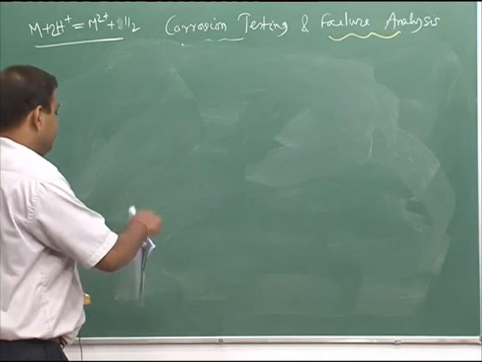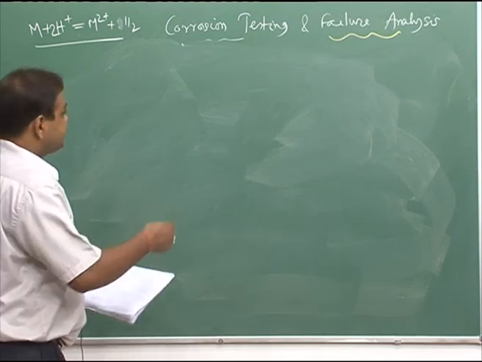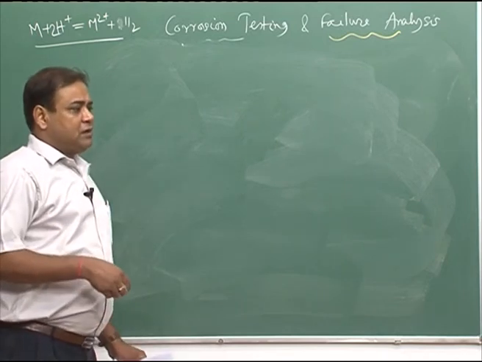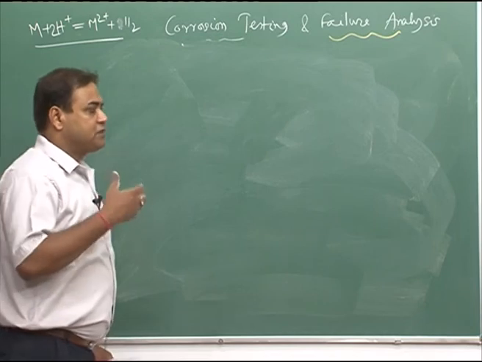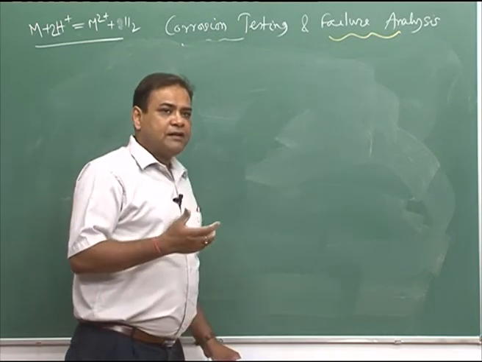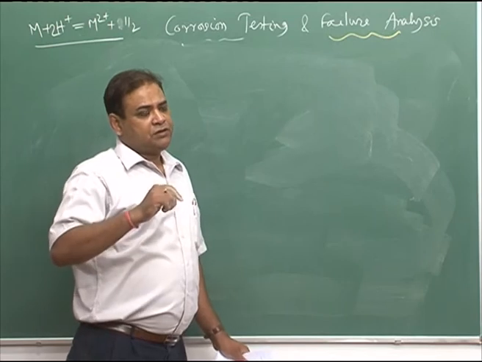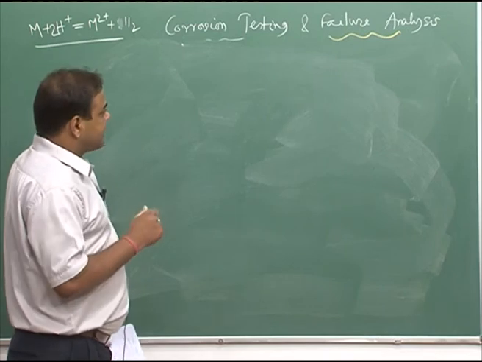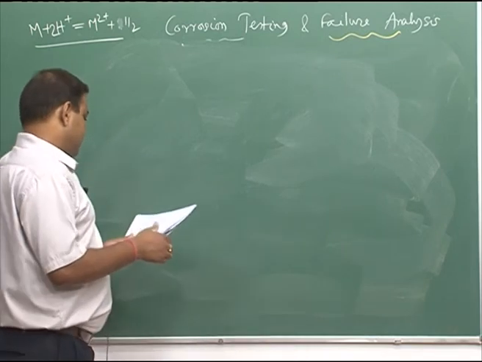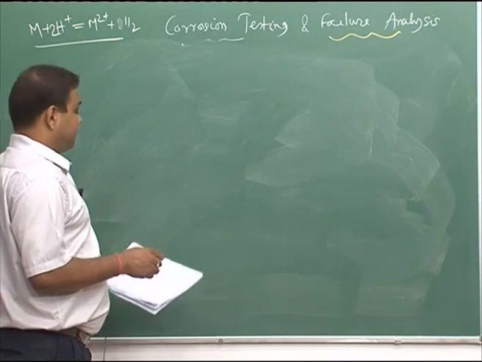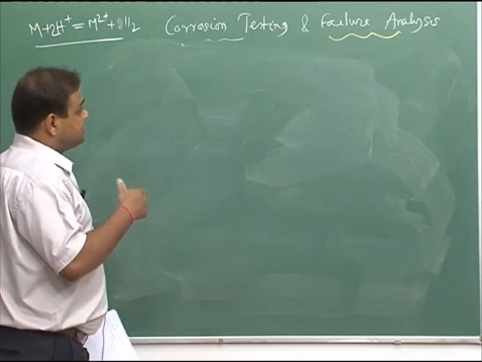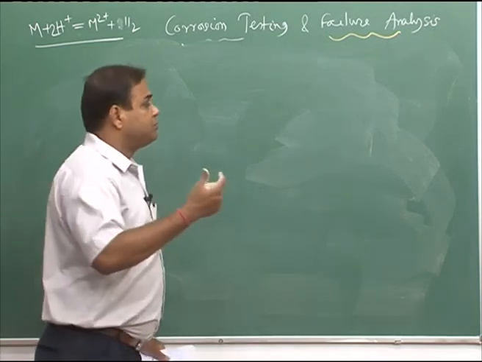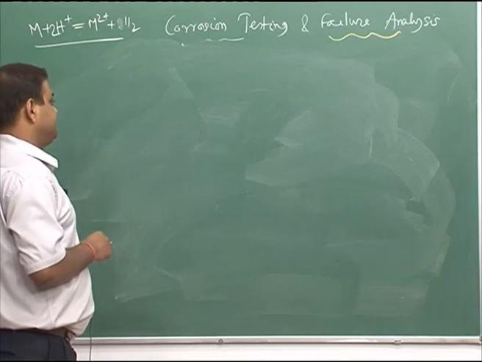In case of failure analysis, we have to go step by step, and this procedure would allow us to find out reasons for failure, as well as allow us to think of some protective mechanism. It is not about judgment only; judgment alone is not sufficient. We have to also find out what could be the protective routes.